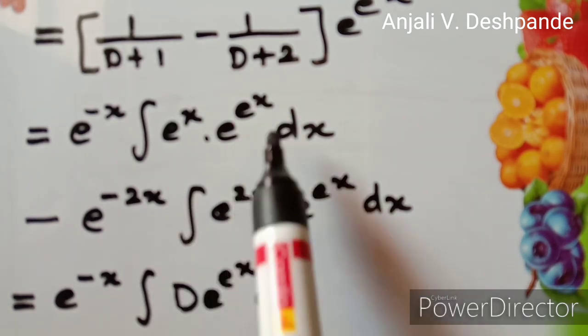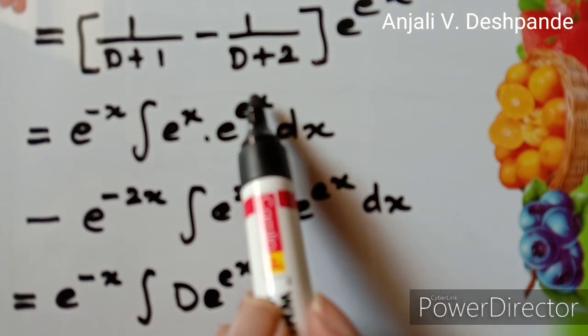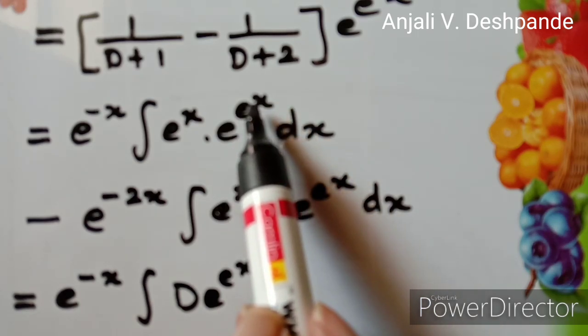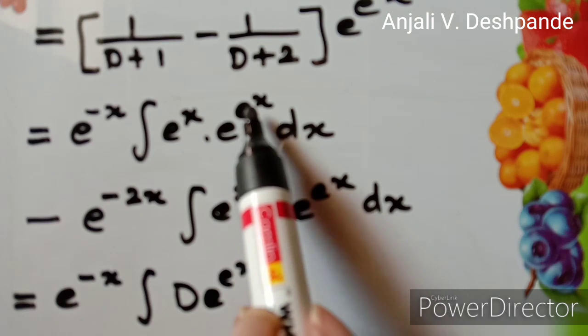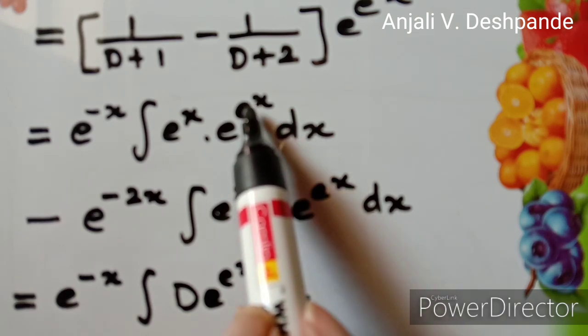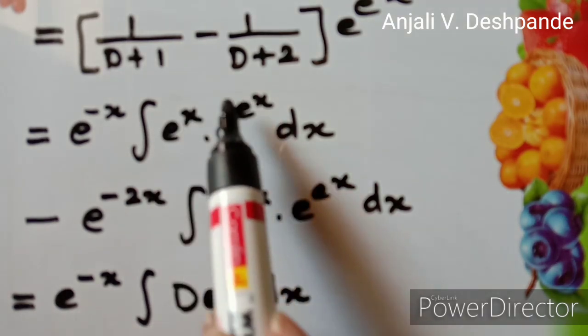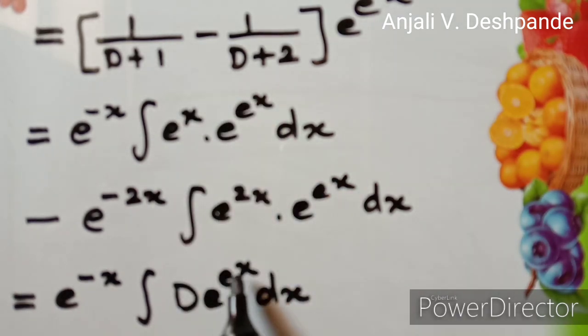If we consider this e raised to x as capital X, then its derivative will be e raised to capital X into the derivative of x. So over here, if we take capital X as e raised to x, its derivative is e raised to x. That is why this whole term can be written as d of e raised to x dx.